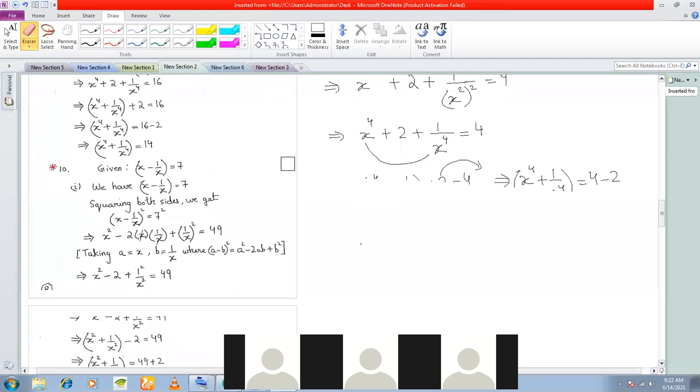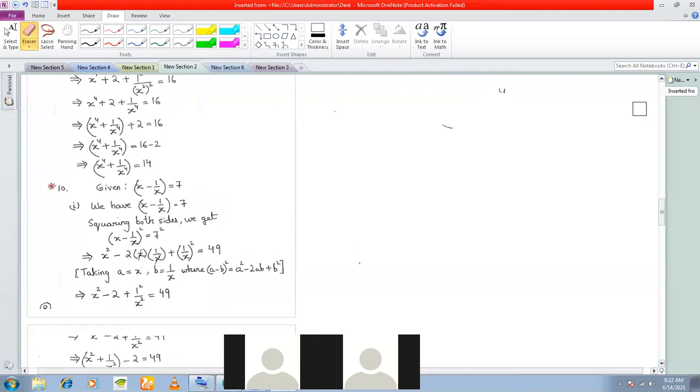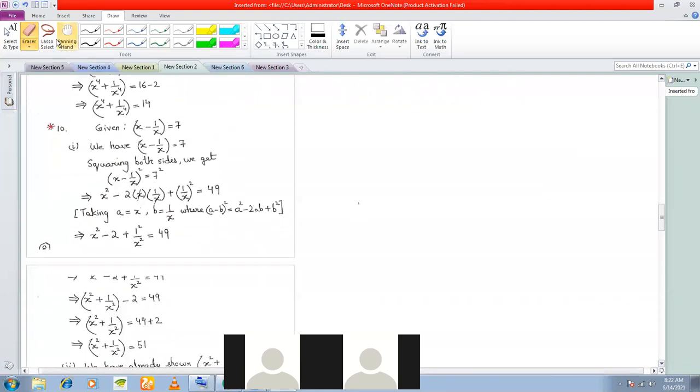Next one, number 10. Number 10 is also very similar to number 9, except that it is given to you as x minus 1 by x. In question number 9, we used the x plus b whole square formula.